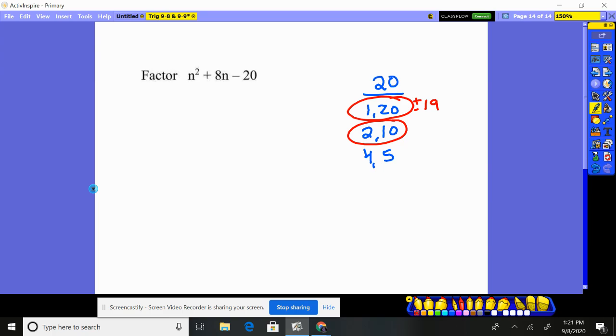But let's back up a second. With the 1 and 20, you could have had a negative 1 and a positive 20, or a 1 and a negative 20. Okay, I should have gone through that a little bit slower. Now that would have created, in this case, a positive 19, and here it would have created a negative 19.